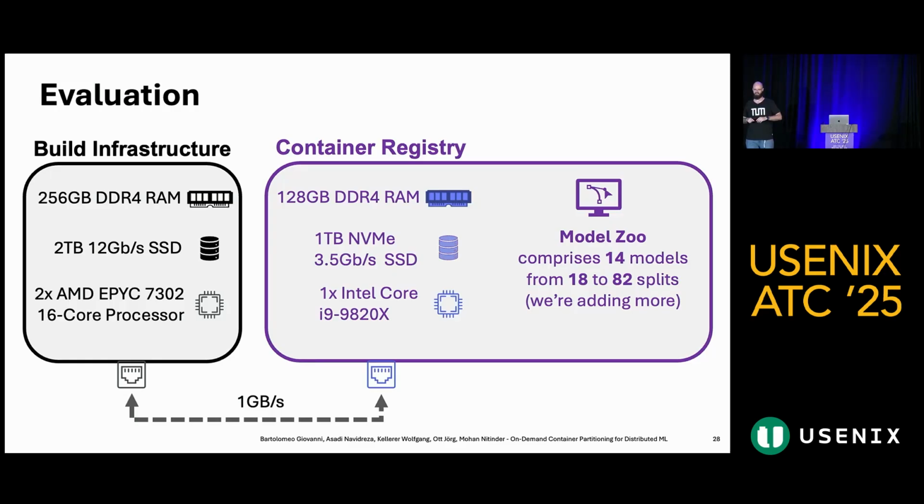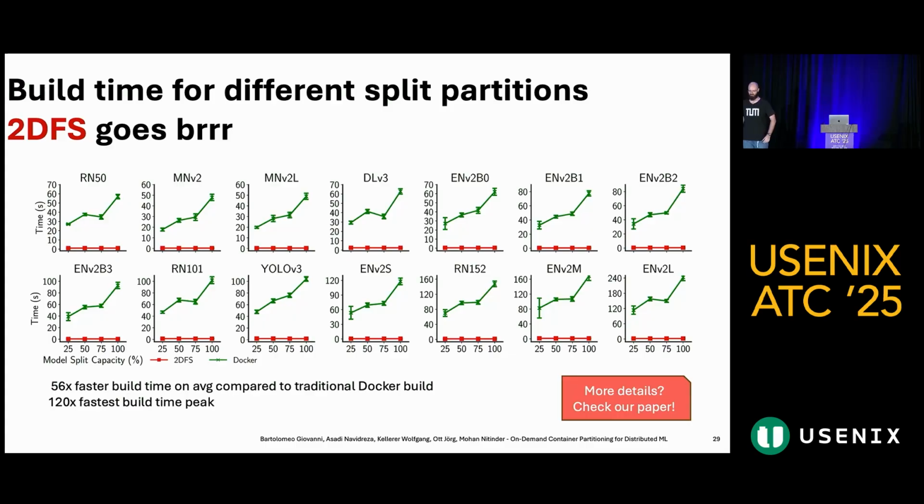For 2DFS, instead, we create the same thing, placing each model split into a different allotment of this two-dimensional file system. Of course, there are going to be more details about this in the paper, but long story short, the build is quite a bit faster. The reason for all of this is that, as I mentioned before, these allotments can be built entirely in parallel.